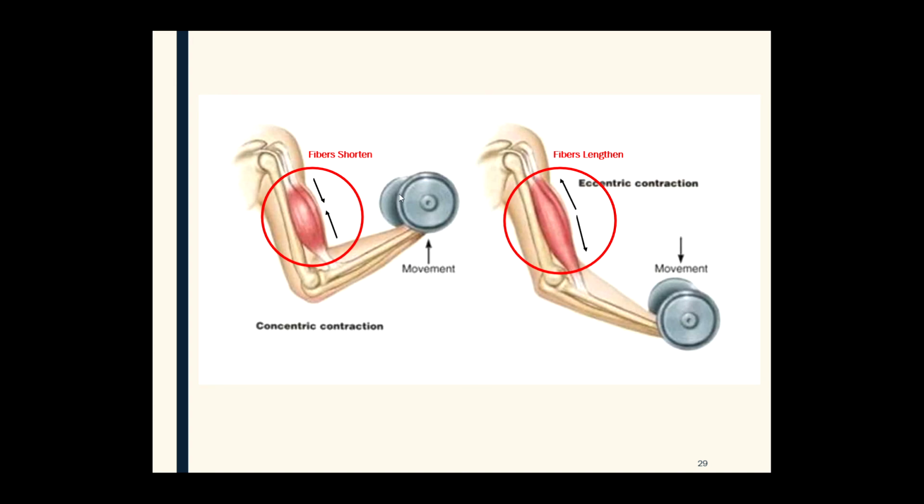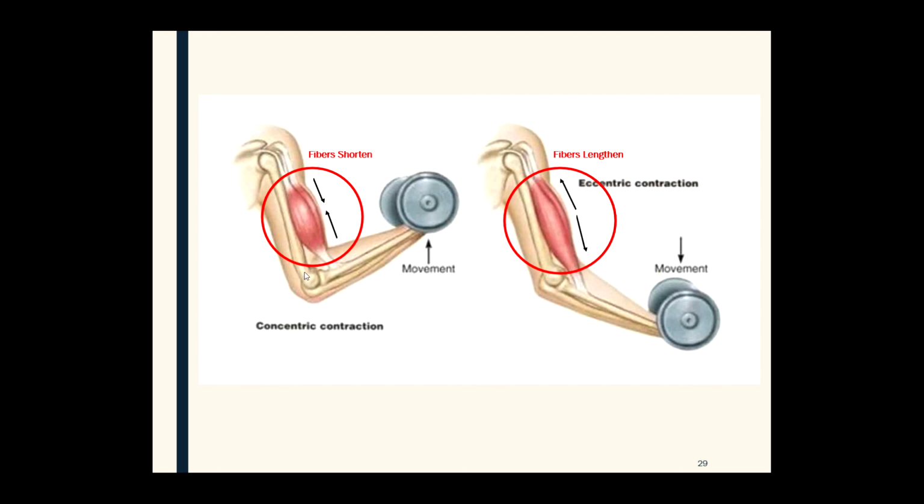But watch this. If we took that dumbbell and you slowly let it down to put it back on the rack, you would still be contracting the muscle as you slowly let this down, but the muscle fibers would be lengthening. This is known as an eccentric contraction. The fibers are going to lengthen, where in a concentric contraction, the fibers shorten.